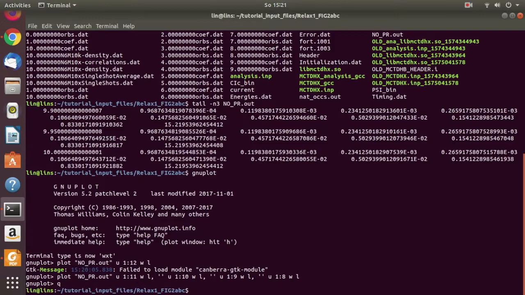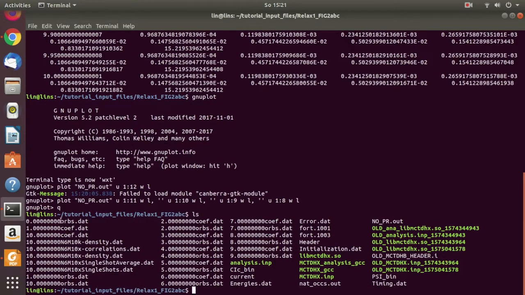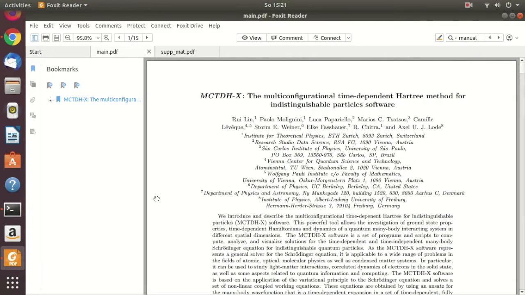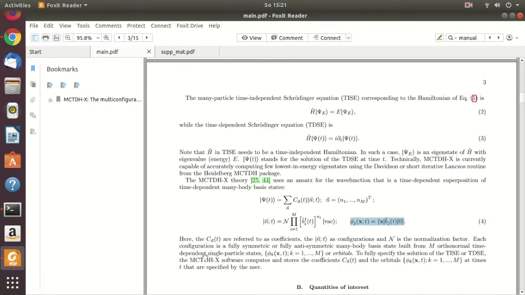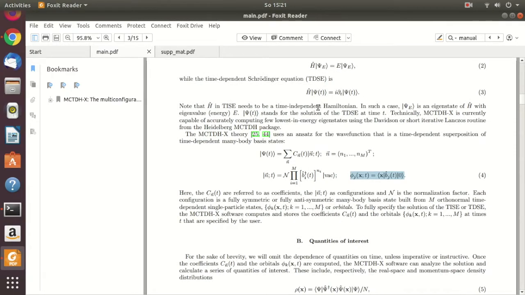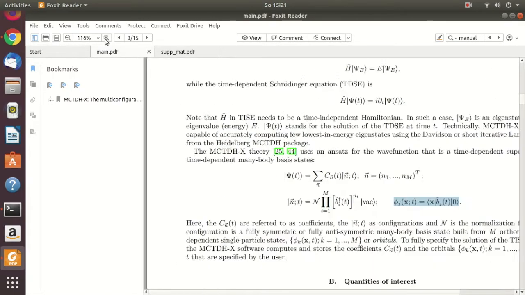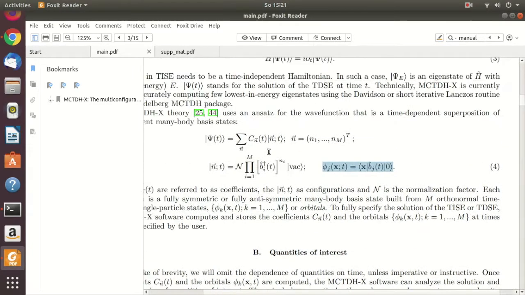Other than the nopr.dat files, we further look at the orbs.dat files and the coef.dat files. To explain these 2 files, we first look at the manuscript and look at the ansatz of the MCTDH-X at equation 4. As shown in equation 4, we know that a many-body state in MCTDH-X is determined by 2 things.